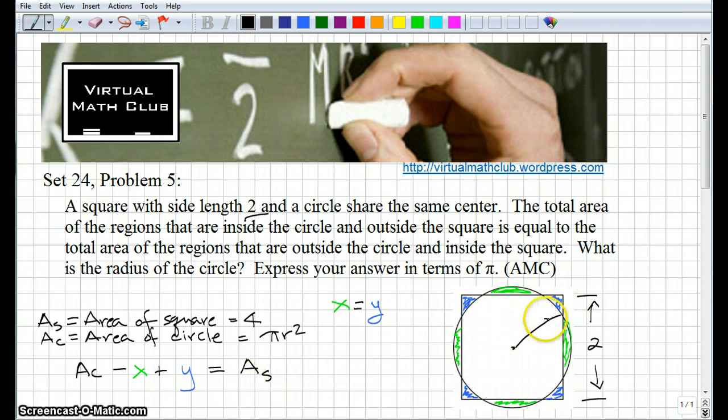So here's the circle, subtract the green parts, add the blue parts, and we got the square.